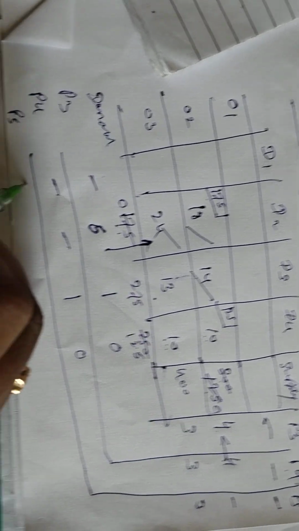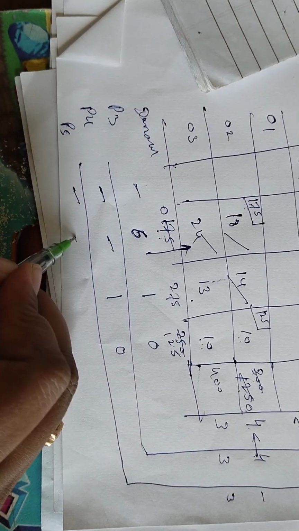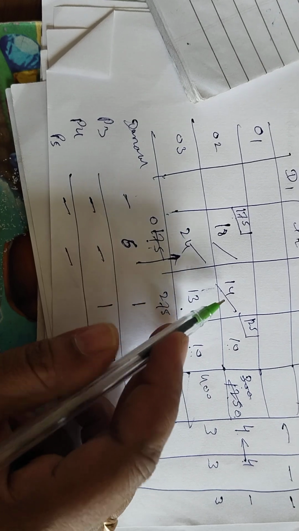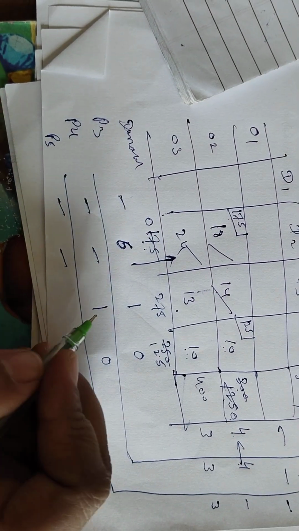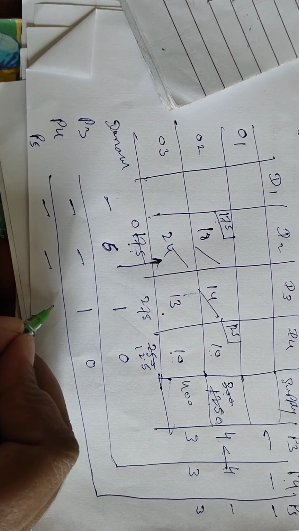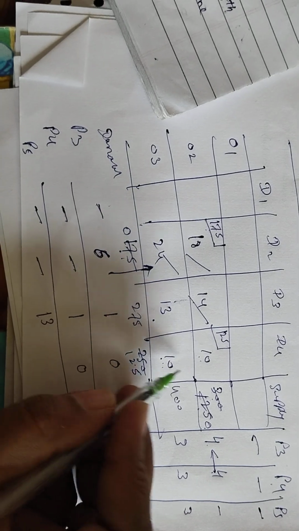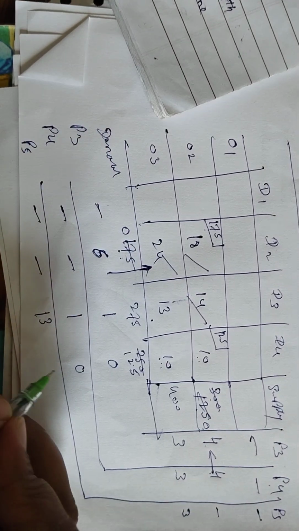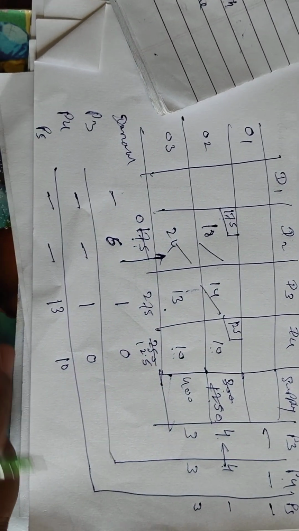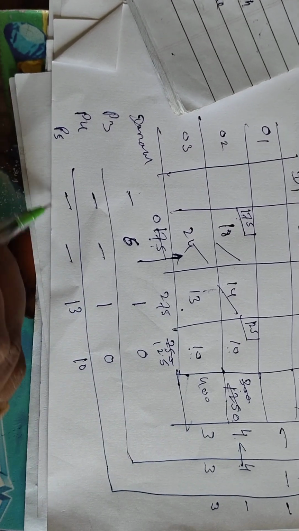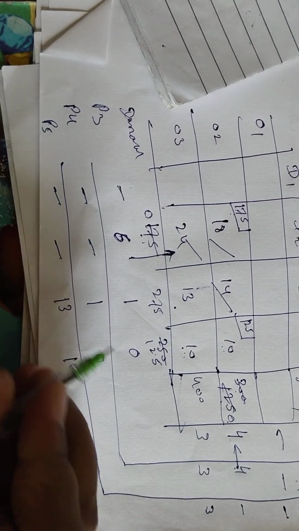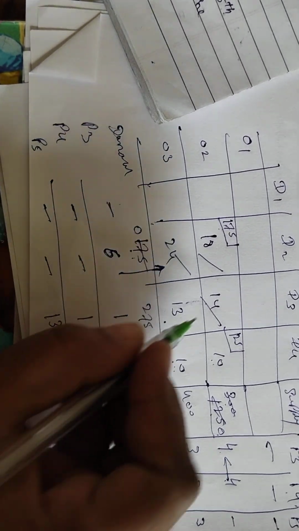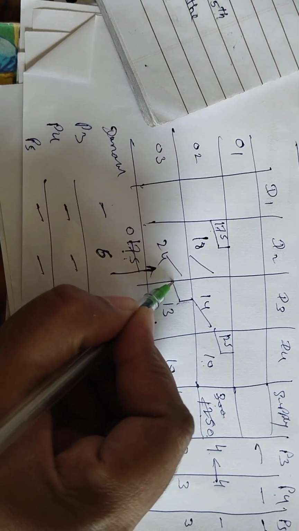Column wise, the first is blank, the second is also deleted, and the third has only one element, so keep 13 as it is. This row is deleted, keep 10 as it is. The maximum element in the P5 penalty is 13, so select this column. In this column, 13 itself is the minimum value.